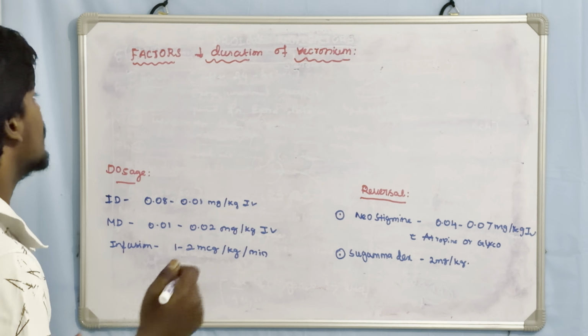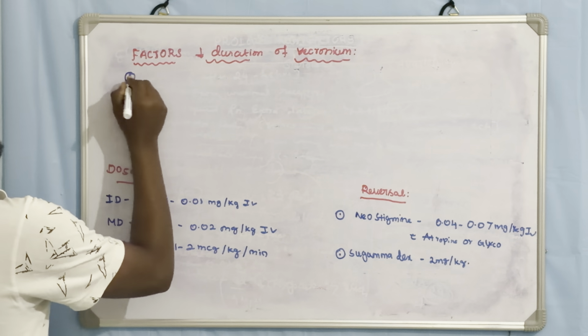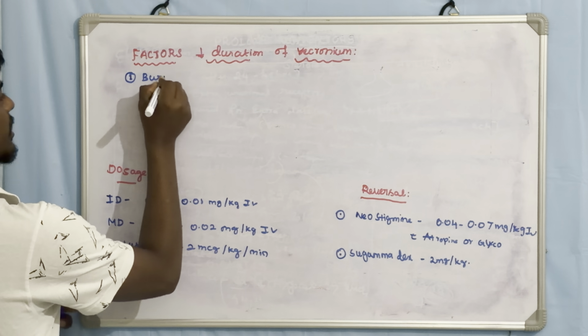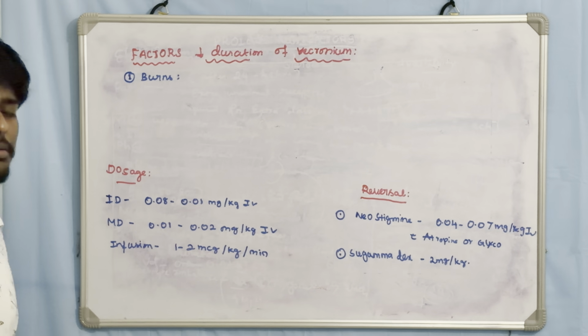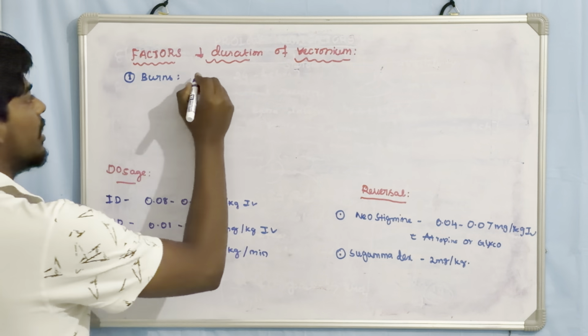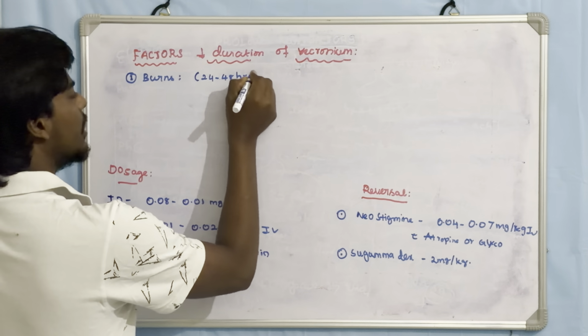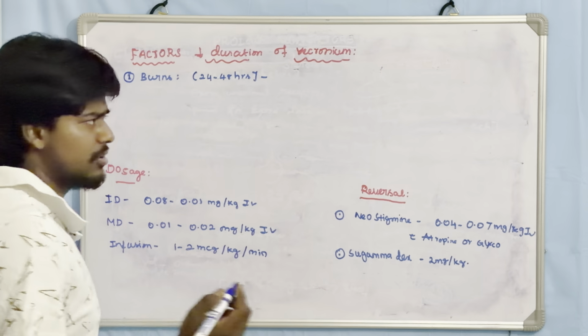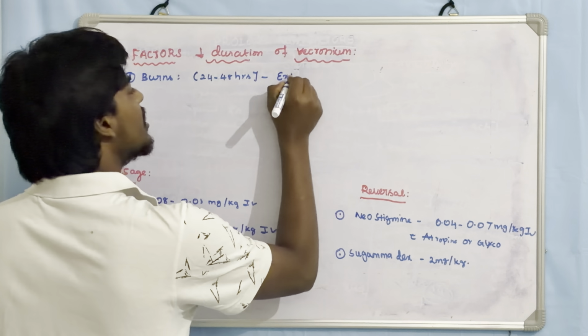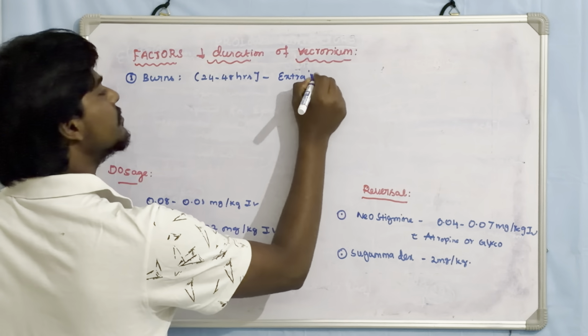Now, factors that decrease the duration of its action. First, we discuss burns as a decreasing factor of the duration. In those patients, after 20 to 48 hours, due to the stress response, the body develops extra junctional receptors.